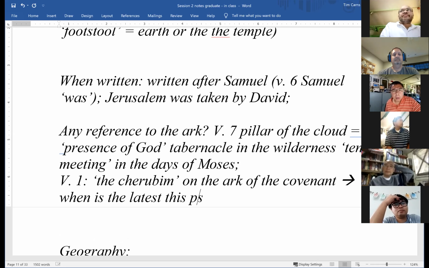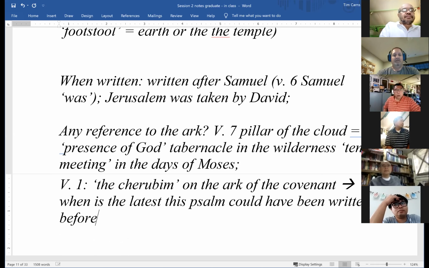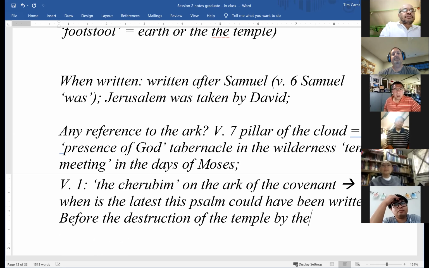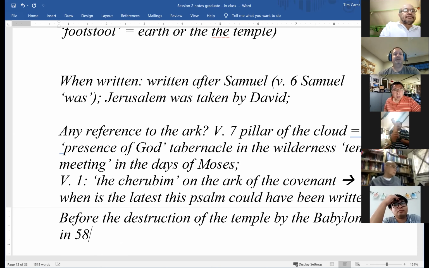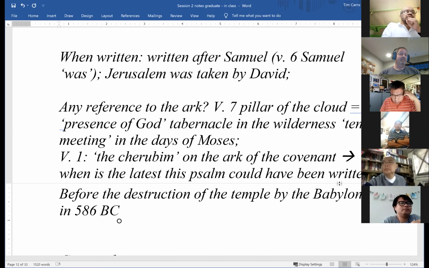David. Before 586, before the destruction of the temple by the Babylonians. Yes. The final destruction was 586, right? That's when they took out all of the temple articles, the contents of the temple, right? So yeah, 586 would be the latest.